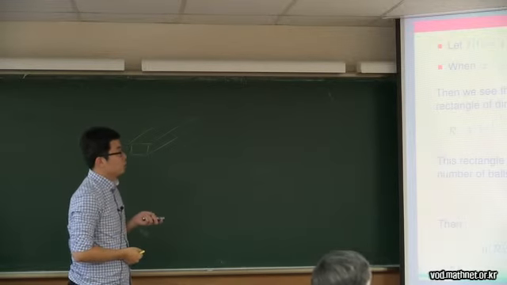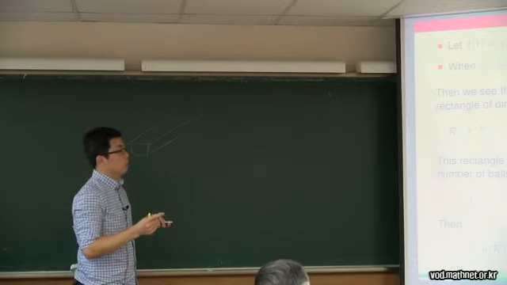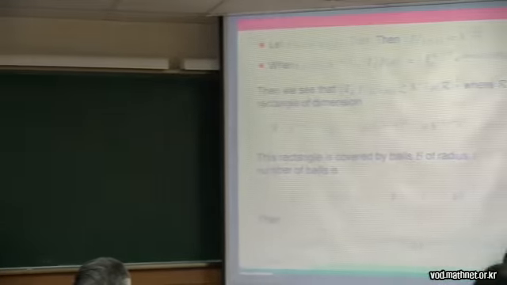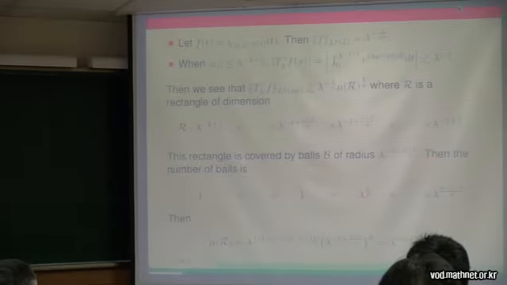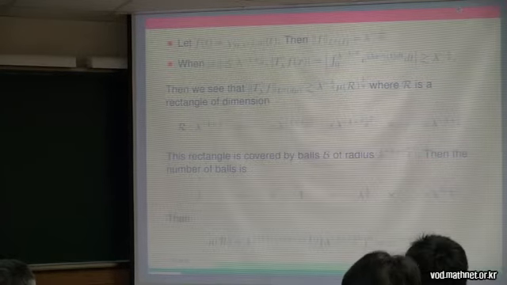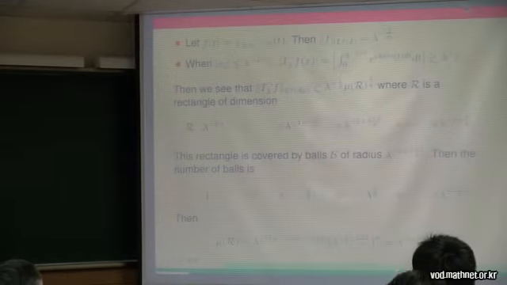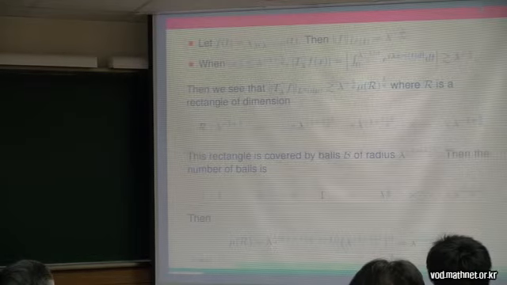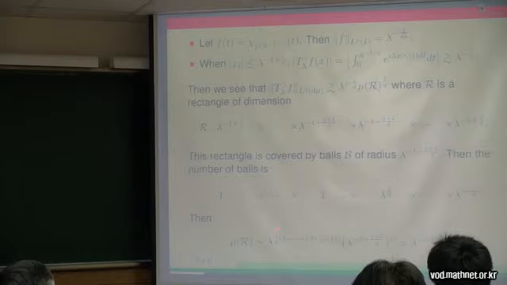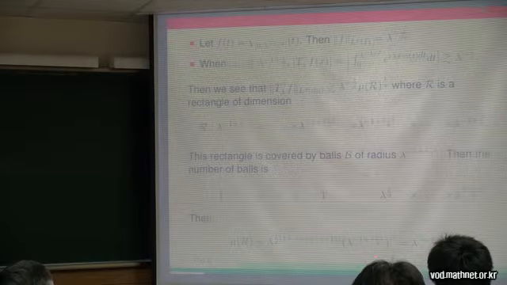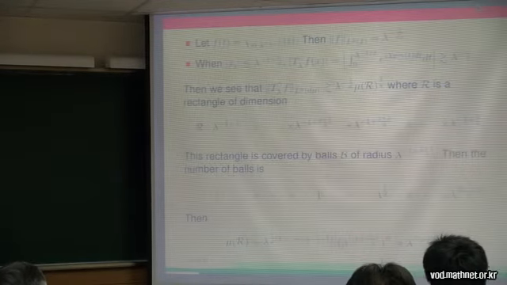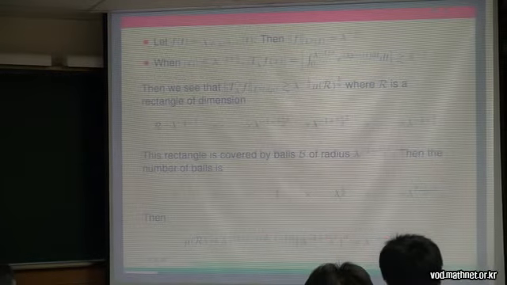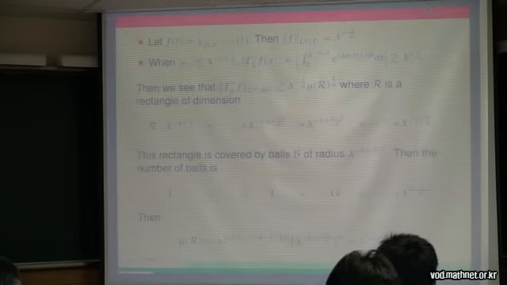Up to this dimension, only one ball covers the rectangle, and for the rest we need some more balls. So the mu measure of R is like this, given by the number and the measure of the balls. So we obtain this, which is the definition of beta alpha.